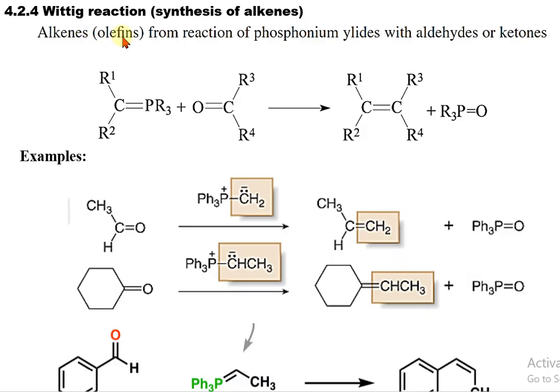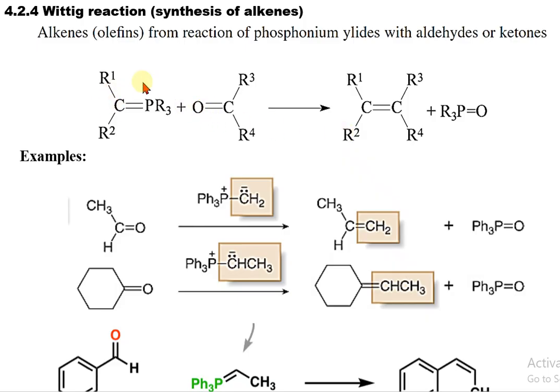The alkene, also called olefin, can be prepared from the reaction of a phosphonium ylide with an aldehyde or ketone. The ylide reacts with the aldehyde or ketone to give an alkene as the main product, with R3P=O as a side product.